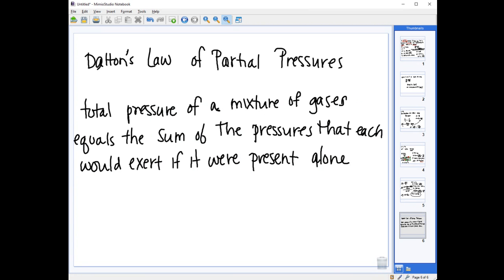Okay, so the total pressure of a mixture of gases equals the sum of the pressures that each would exert if it were present alone.